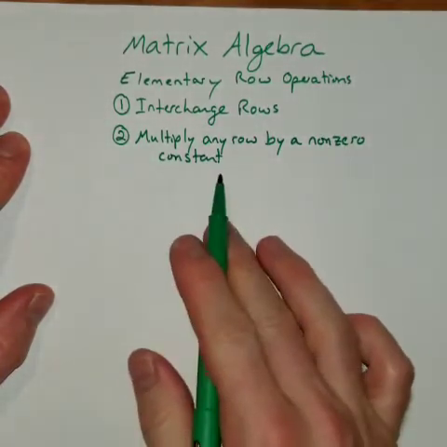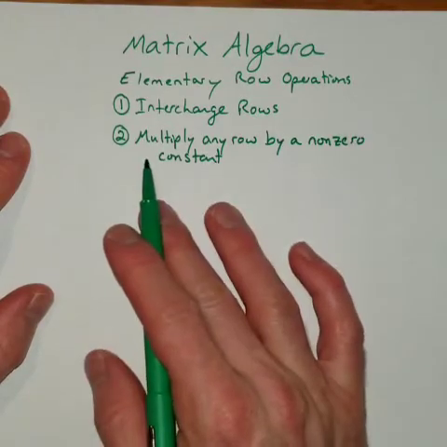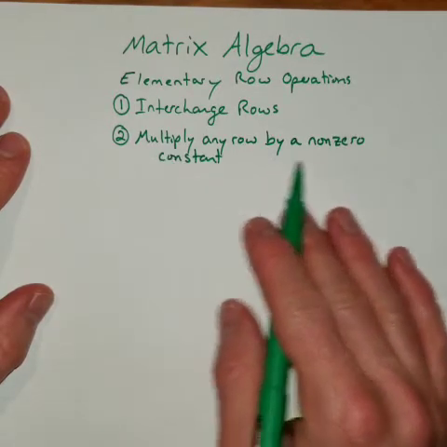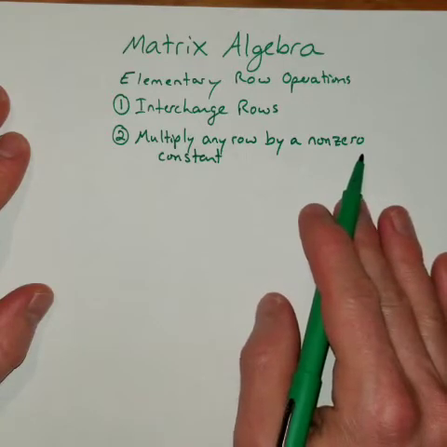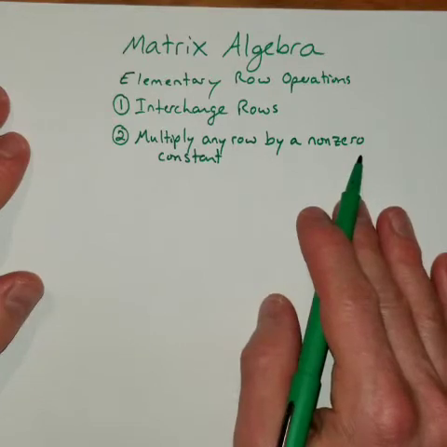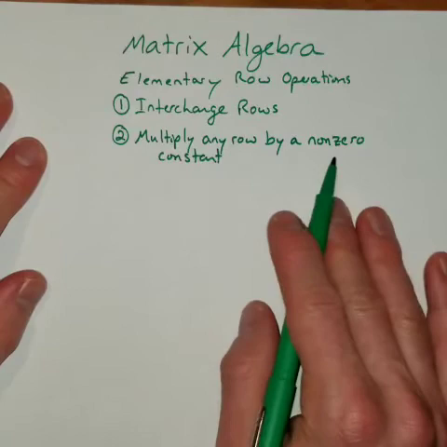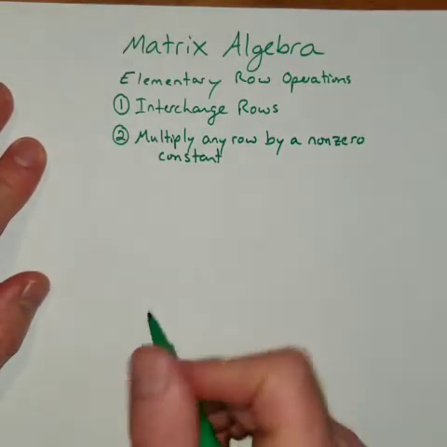Now when I wrote this out in the past, I said multiply or divide, but dividing really is multiplying by a fraction, the reciprocal. So we'll just count them both as multiplying. And I didn't use the word non-zero in the past, I don't think. But really, if you multiplied a row by 0, the whole thing would become 0, and then you've really lost that entire row. So you can't really use 0 anyway. Okay, so multiplying a row by a non-zero constant.